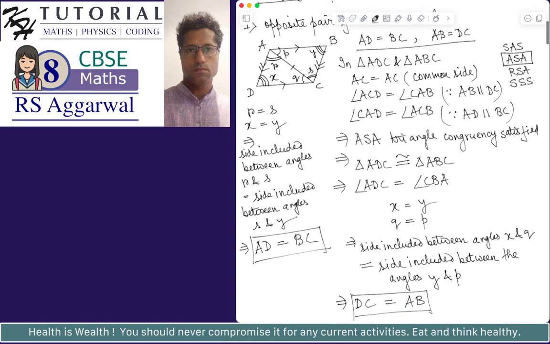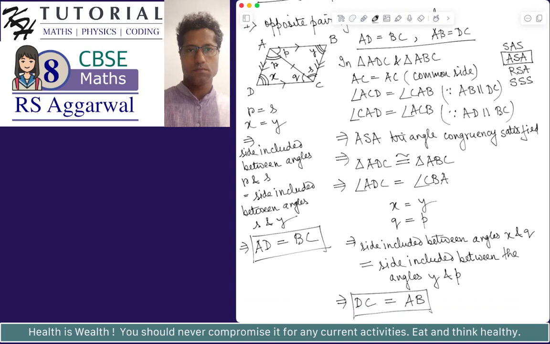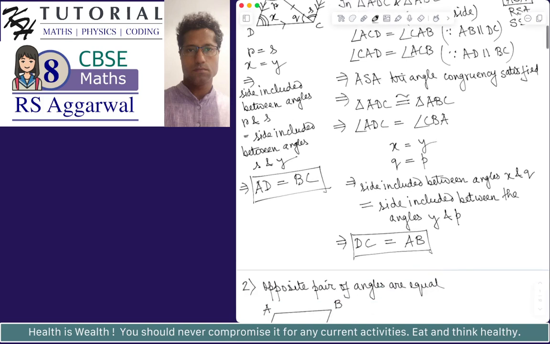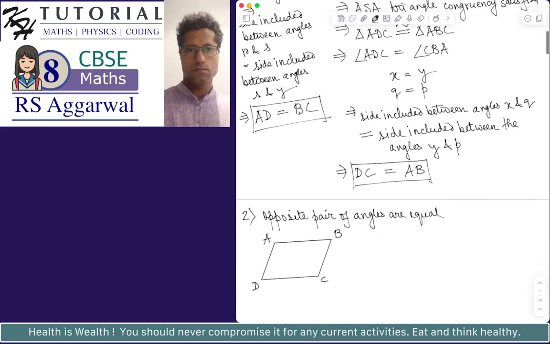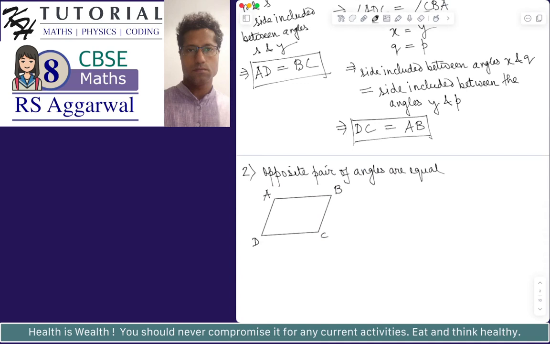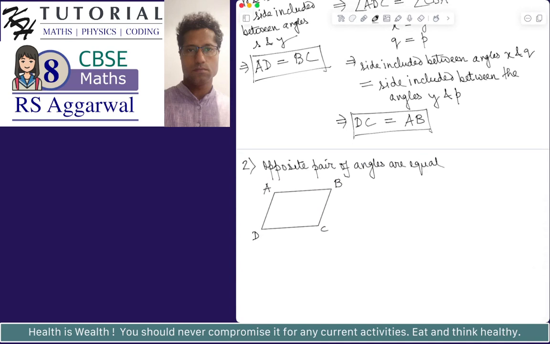So, as we know, the diagonal AC is dividing the parallelogram into two triangles ADC and ABC which are congruent. I am using that fact, and from there I will prove that the opposite pair of angles are also equal. So let me draw the diagonal. So this is the diagonal.